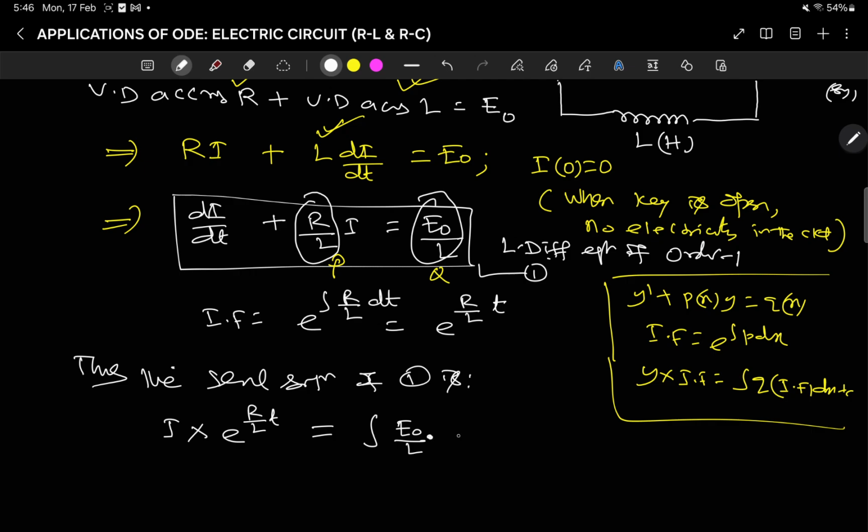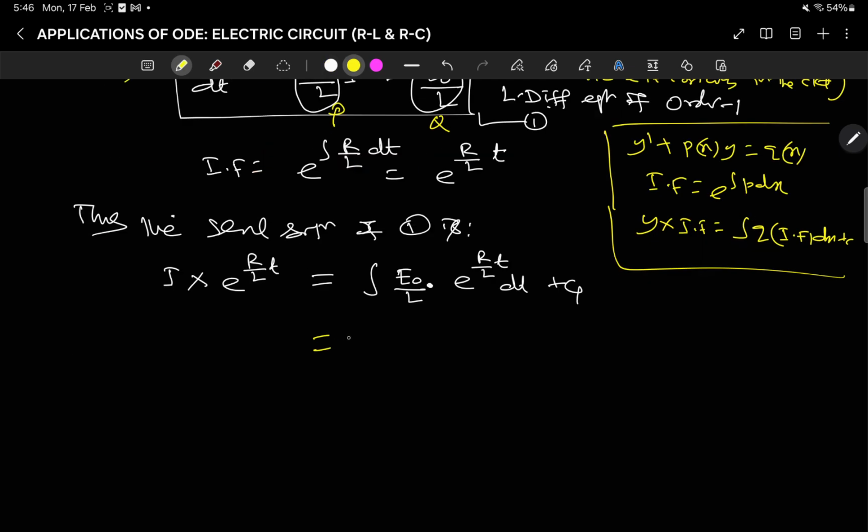E0 by L into e to the power R by L t dt plus some constant C1. Now if you integrate it, E0 by L is a constant. The integral of e to the power x is e to the power x, and the constant will be divided, so reverse multiplied into L by R. Integration is e to the power R by L t. We have a constant C1, added to give C.